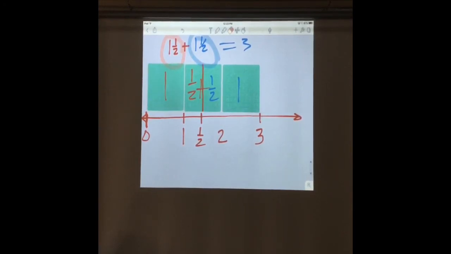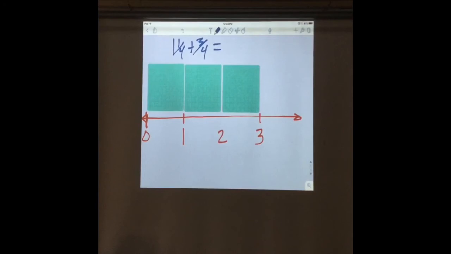So let me get rid of some of this stuff, and let me change my problem slightly, okay? All right, let's say I have 1 1/4 plus 3/4. Could we do that on our number line? What do we have to do to it? We're going to have to cut everything up into fourths.